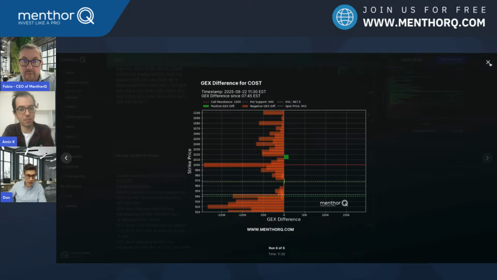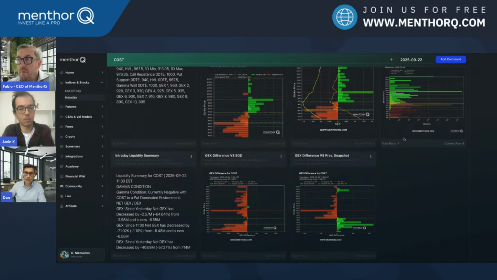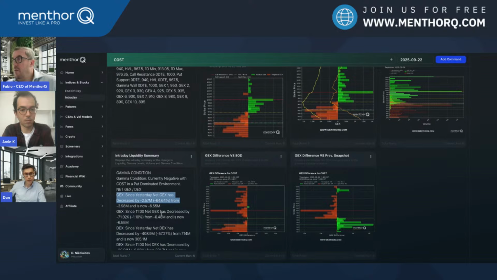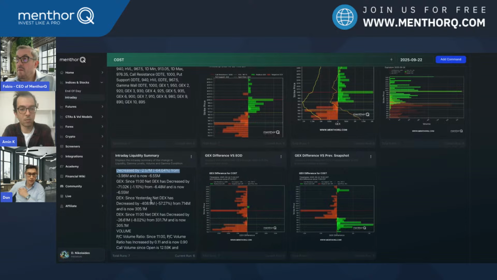That's why we try to be non-directional and basically prepared. And on short volatility, we try not to sell naked options if we don't know what we are doing. So again, you can see GEX decreased here by 64.6%, which is very nice.